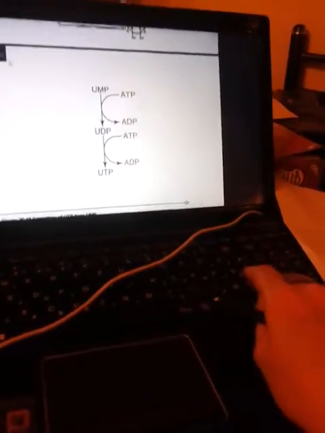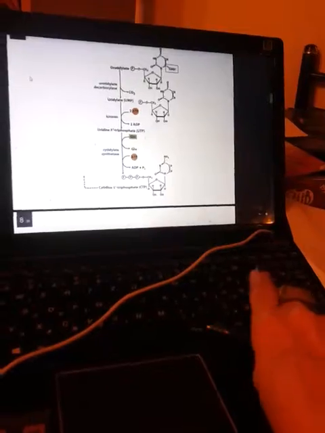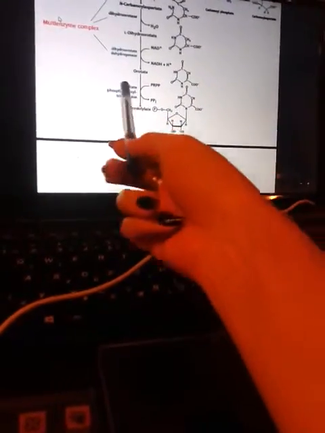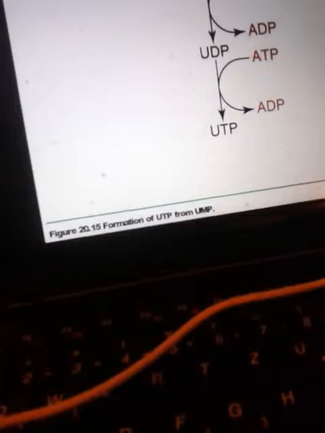The UMP uses the help of the enzyme phosphoribosyl pyrophosphate, but orotate phosphoribosyl transferase is coming here. Formation of UTP from UMP.